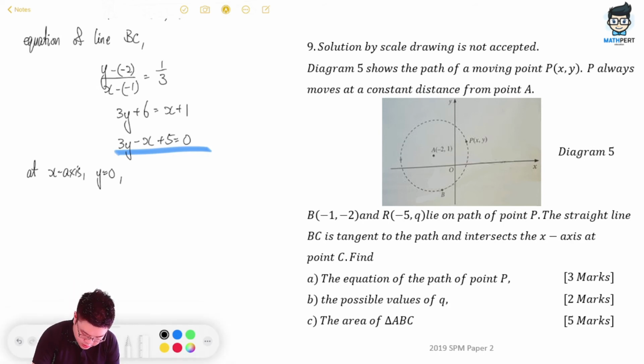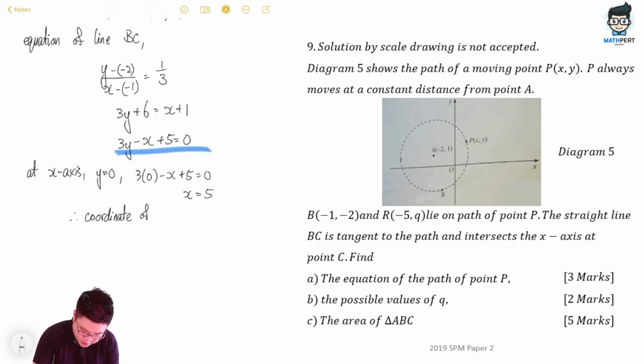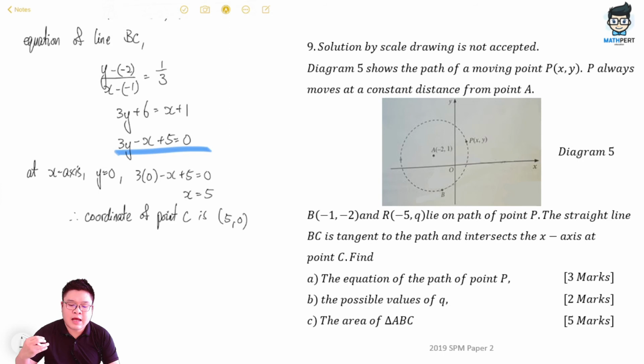So 3 multiplied by 0 minus x plus 5 equals 0. So x equals 5. Therefore, the coordinate of point C is 5, 0.